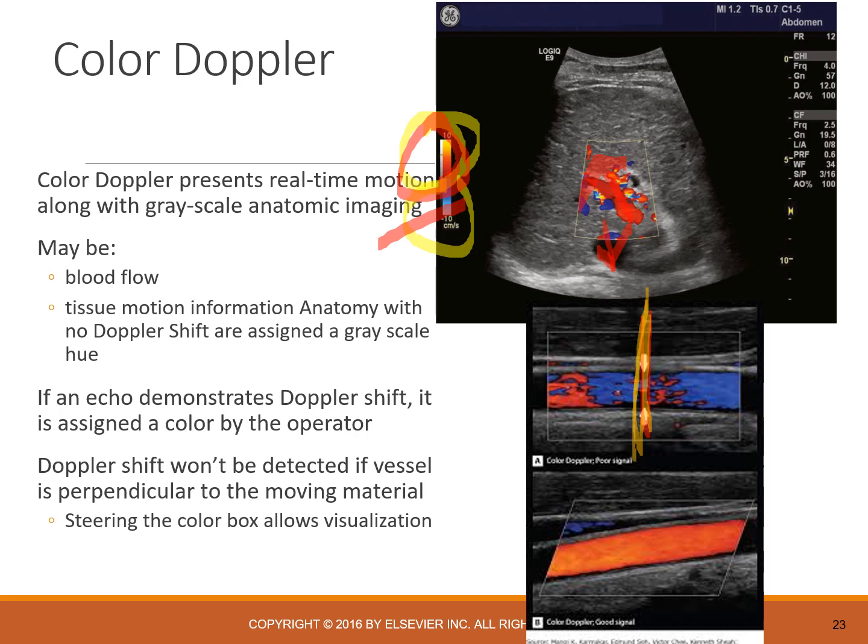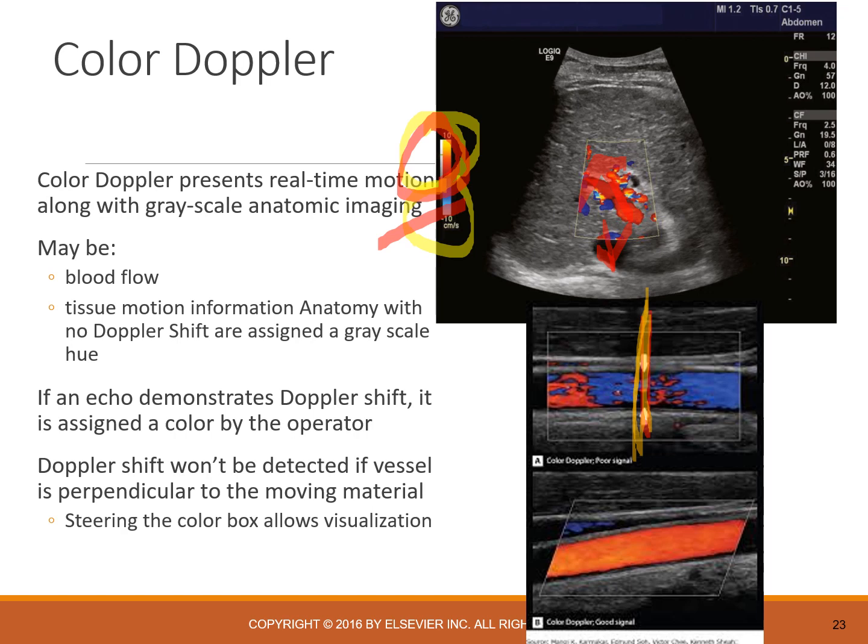At 90 degrees, the vessel wall is basically reflecting all of the sound waves back towards the transducer before it gets into the vessel. And so at what we call perpendicular 90-degree incidence, you will not get any Doppler shift and you'll have very poor color flow. Now, sometimes you might want to have a vessel perpendicular because you're looking inside the walls very clearly, as you can see here, but you don't want to have it affect the color in this manner.